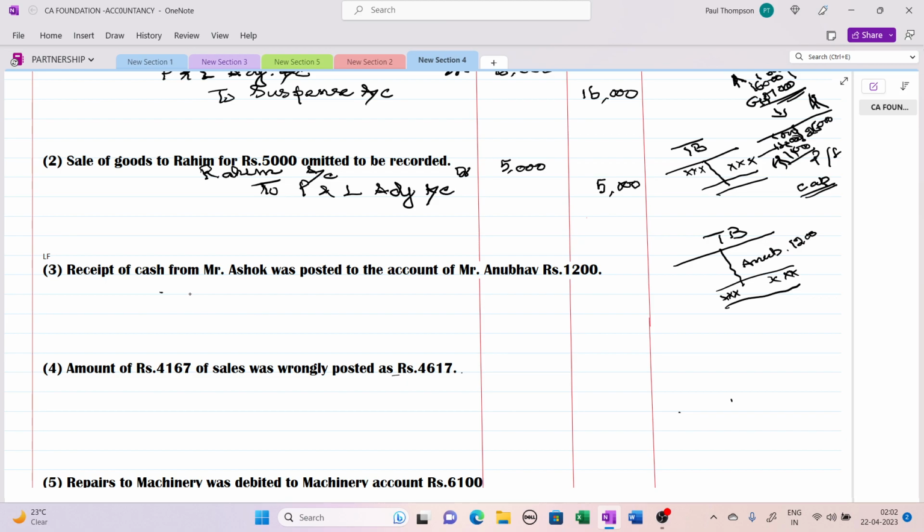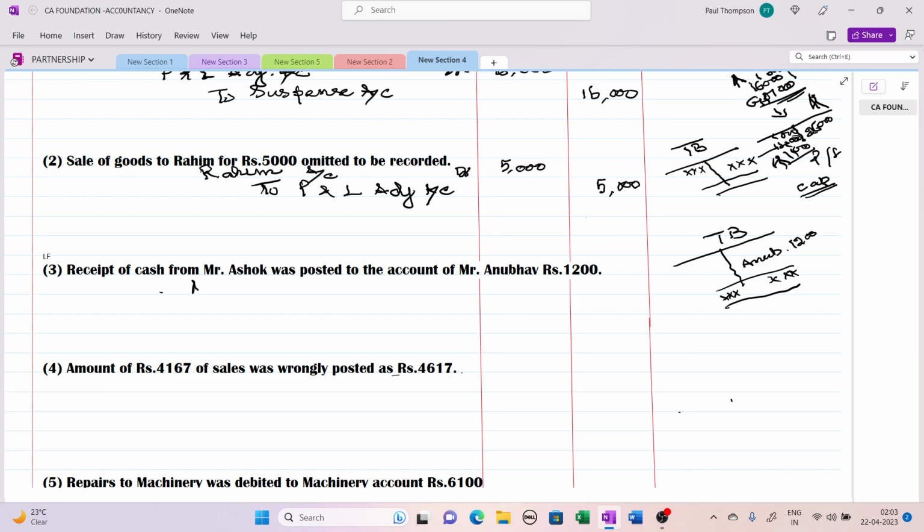Now we are going to change the name, because the personal account should appear properly. So who has to be credited? Ashok has to be credited. So Anubhav has to be debited. Always, the first portion of the rectification will be the right entry, and the balance they are showing at the end is the wrong entry. Received cash from Ashok, so Ashok is to be credited.